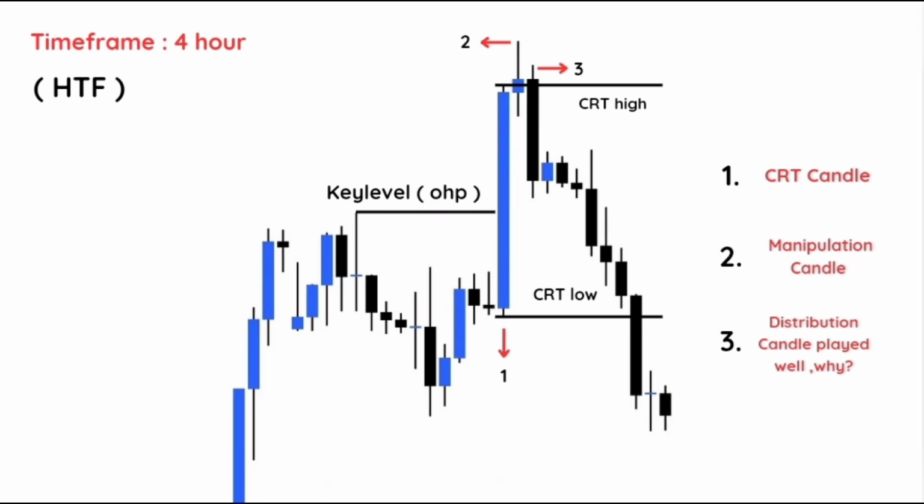For that, we have to switch our chart to 5 minutes, because as I said already, for 1 hour HTF analysis, which means higher time frame analysis, we have to look for an entry on 5 minutes as usual CRT rules.